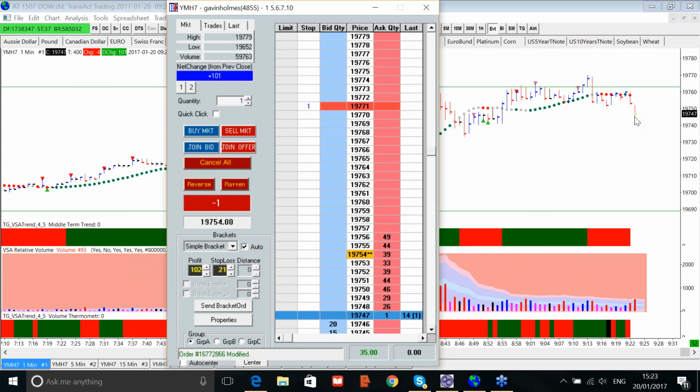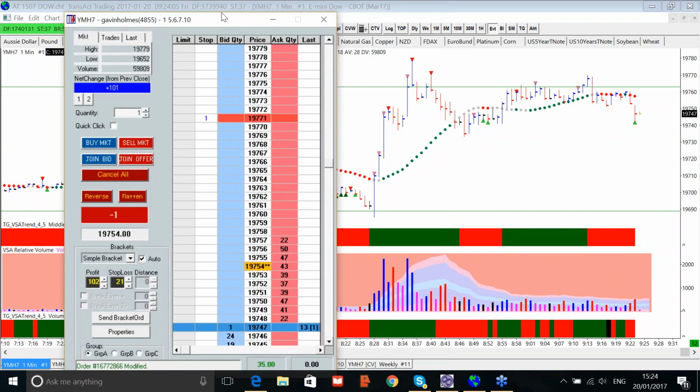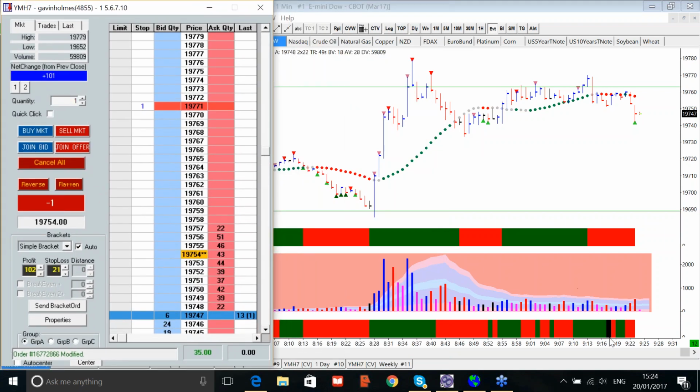Right, now the diamonds need to stay red here, and we need to take out this low here. Now keep in mind, if that black box here is correct, we could get a very explosive move. Now it could go either way, which is why I've got my stop here at 771, just above this previous old high.